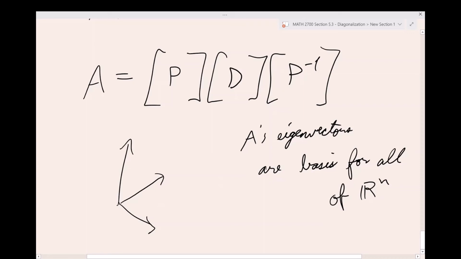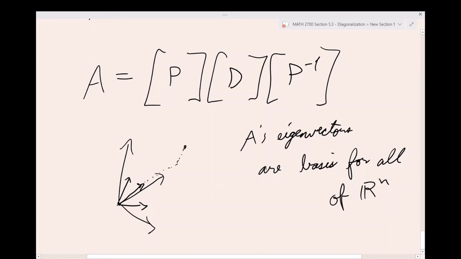In other words, I can think of my whole R to the n space here. I can think of it as having whatever those eigenvectors are as its basis. In other words, every point in R to the n, I can think of it as some linear combination of those eigenvectors.